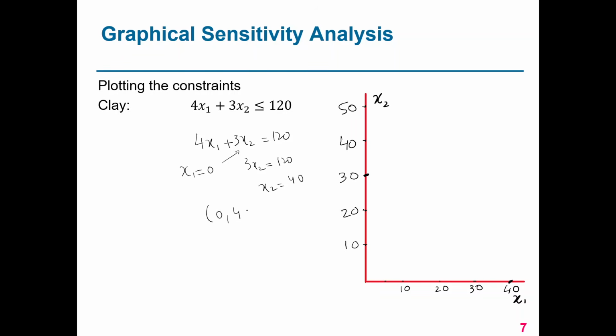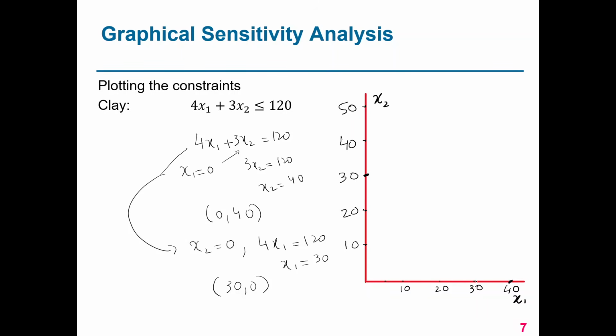So the first point would be (0, 40), and then again using this equation we will put x2 = 0, and this will give us 4x1 = 120 and x1 = 30. So the second point would be (30, 0).